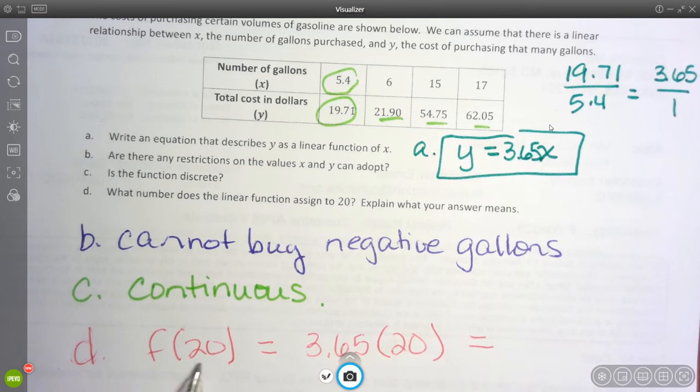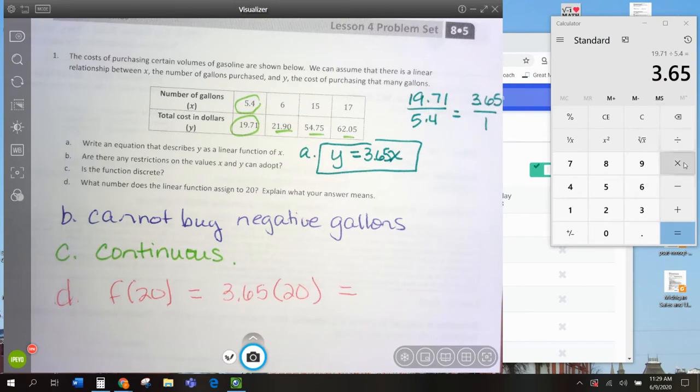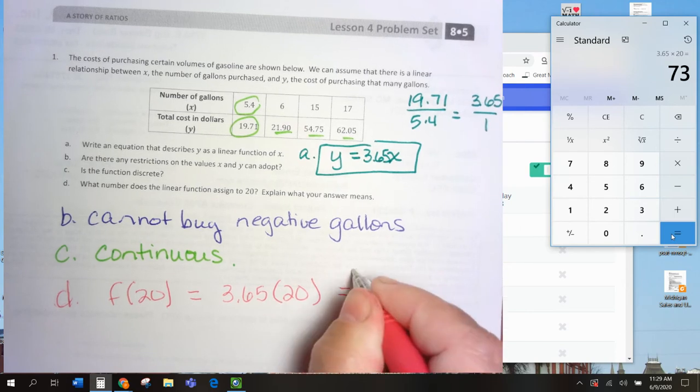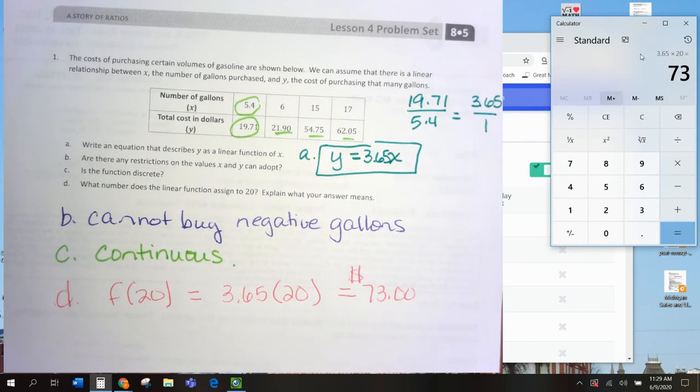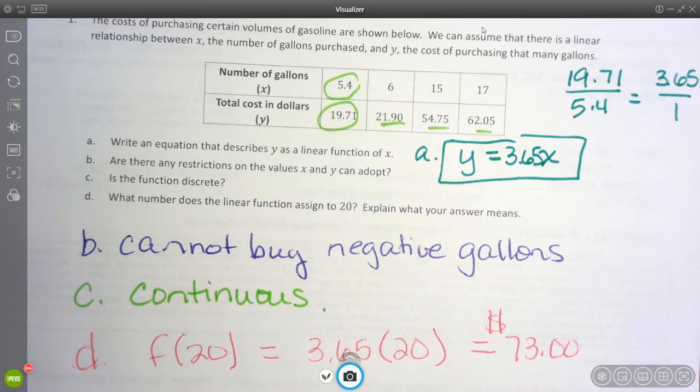Right? F of 20 means we put 20 in for X. So let's do that. 3.65 times 20, and we are going to get $73. Okay, let's go on to problem number 2.